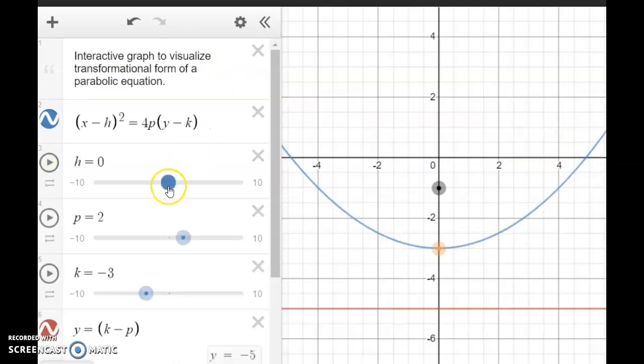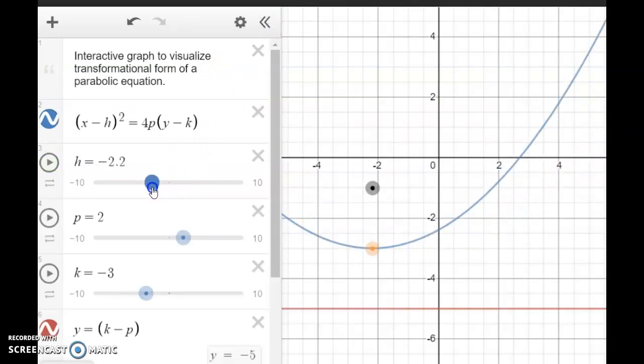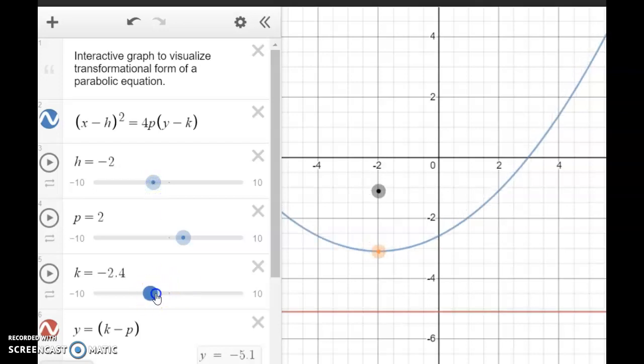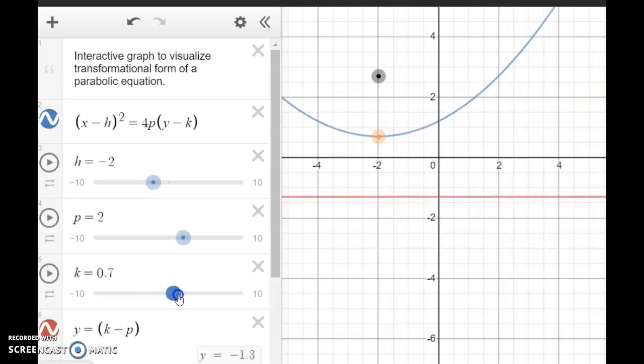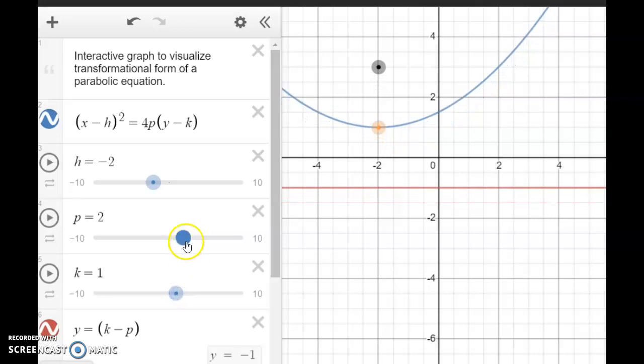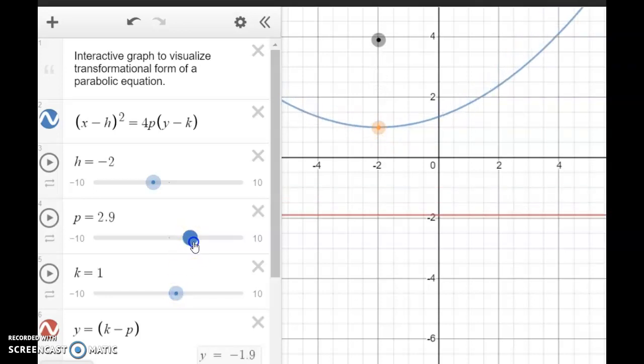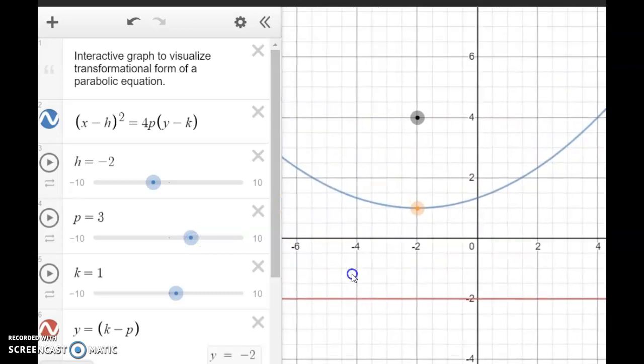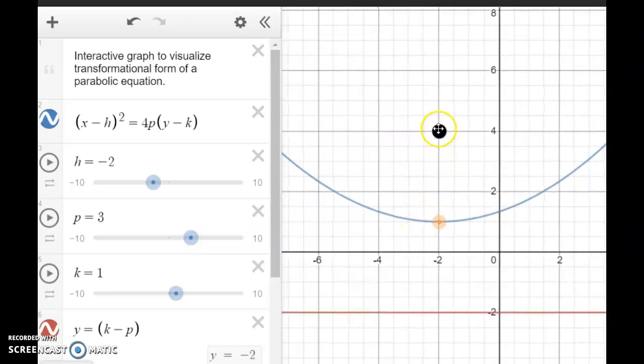So -2 is the h, the 1 is the k, and the p was a 3. There we go. Again, when I put that in, that's exactly it: the focus is here at -2 and 4, the vertex -2 and 1, and the directrix is -2, and then it opens like this.